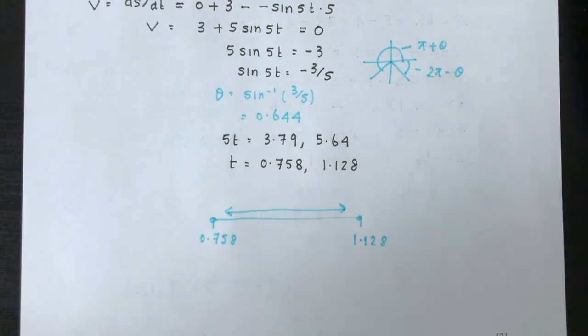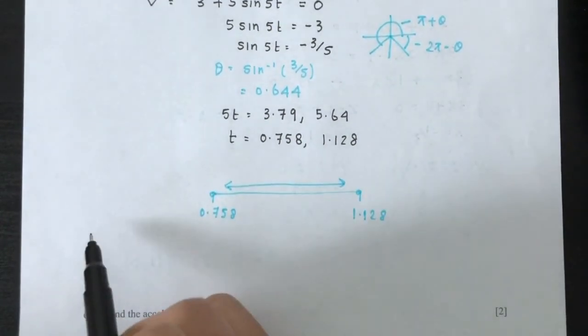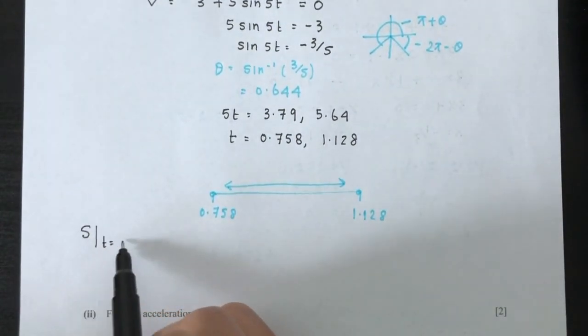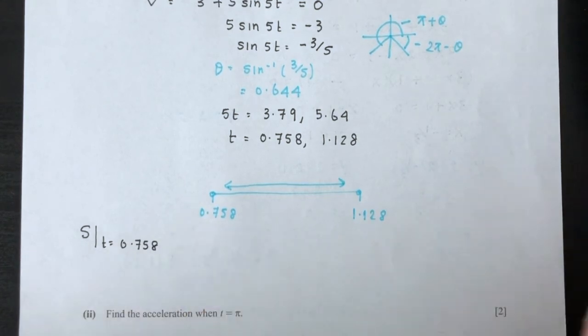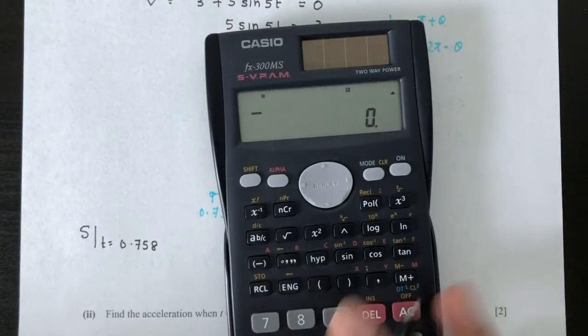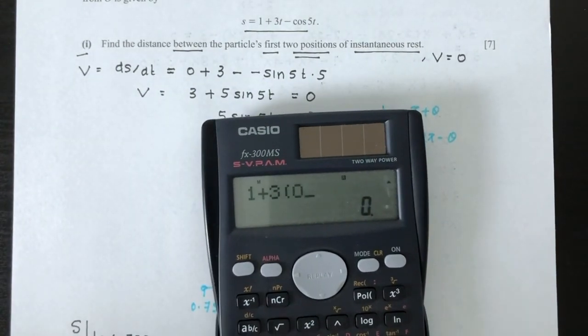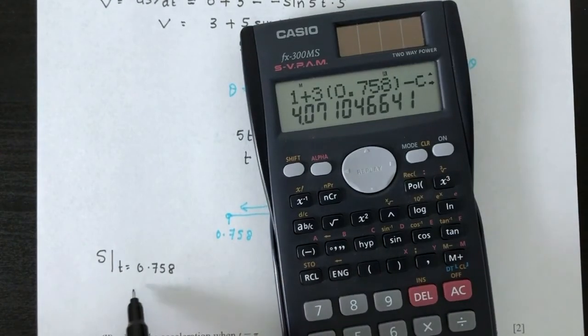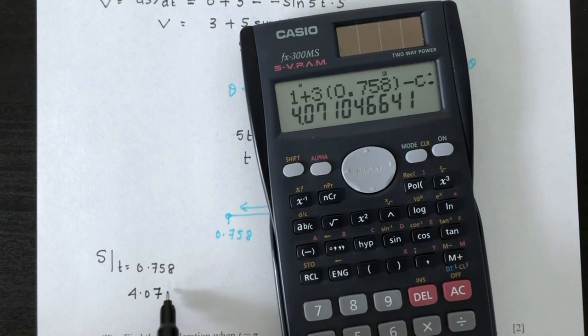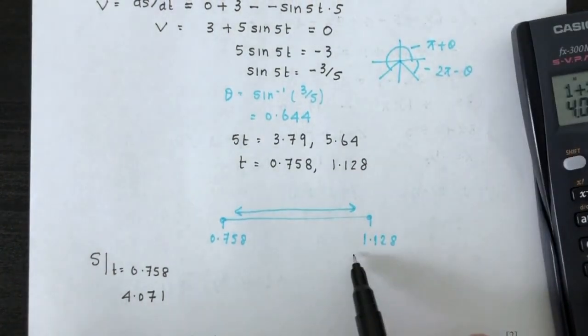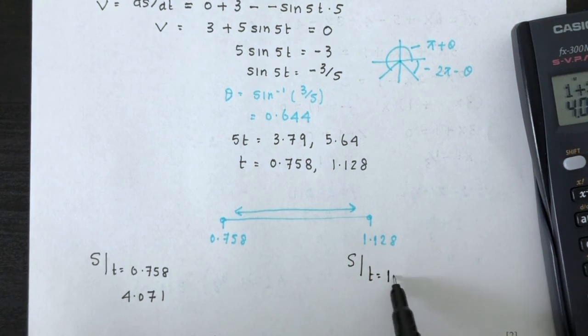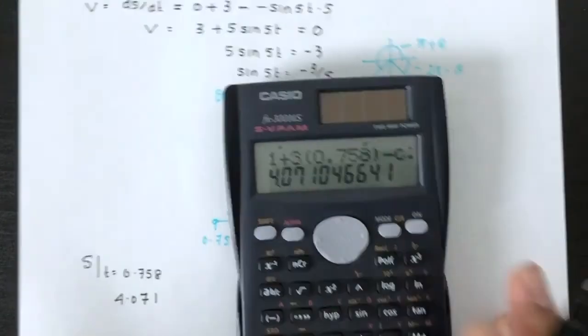So one by one, let's find the displacement at these times. When t equals 0.758, s was given to you already by this formula: 1 plus 3 times 0.758 minus cos of 5 times 0.758. That will be 4.071. Now for this one, s when time equals 1.128, replace the values.